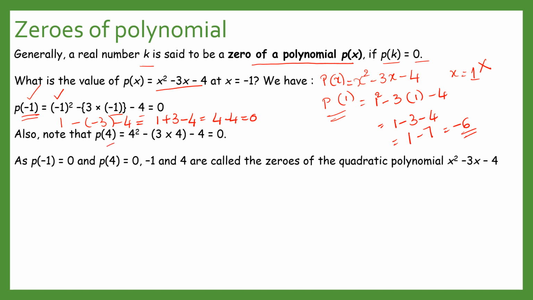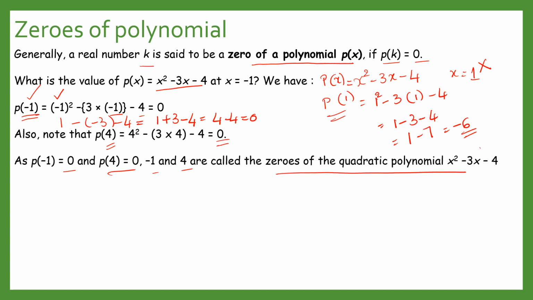You substitute p of 4, that means x is equal to 4. Then you got 4 square minus 3 into 4 minus 4: 16 minus 4 is 12, 12 minus 12 is 0. So p of 4 is also 0. So p of minus 1 is equal to 0, p of 4 is equal to 0. So minus 1 and 4 are the zeros of the quadratic polynomial.